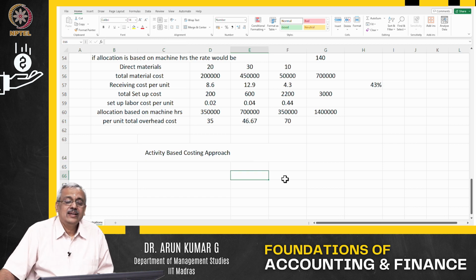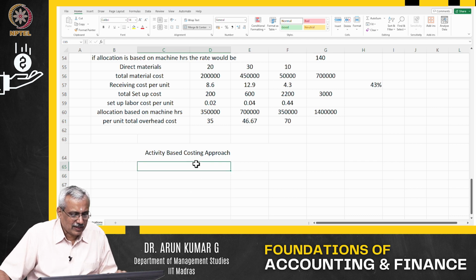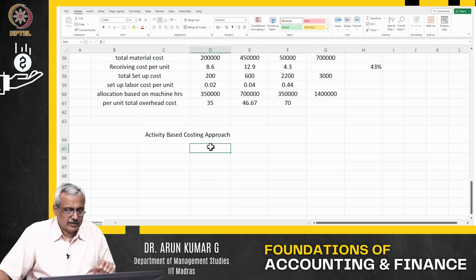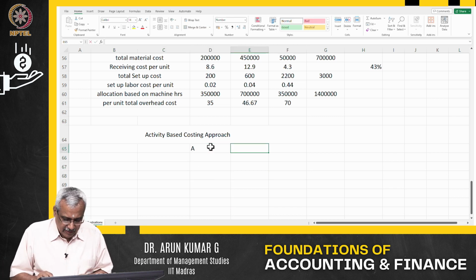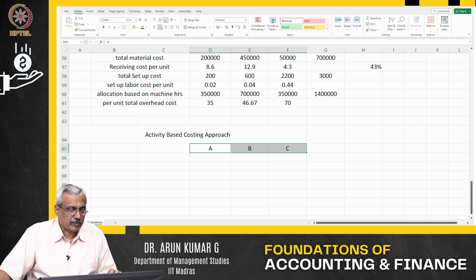Let us look at the same three products A, B, C. I am just going to look at the ABC here, and I am just going to center it for the purpose.